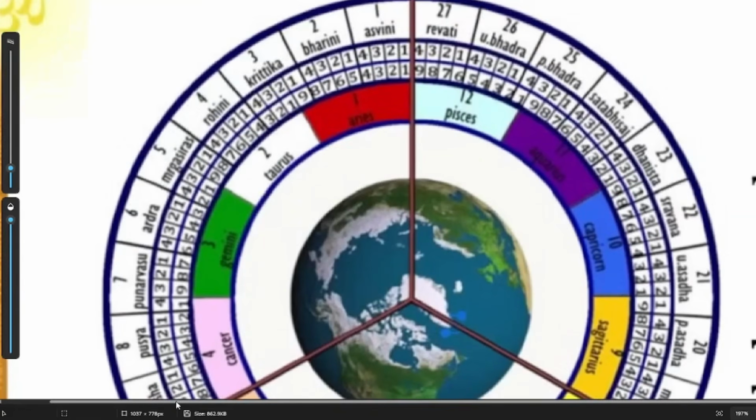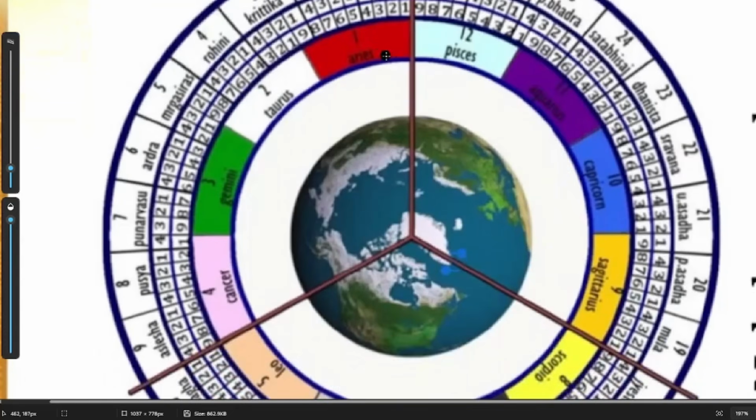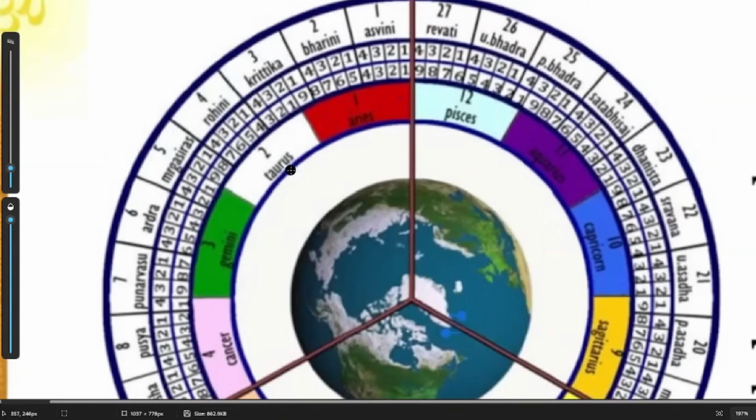So the 4 divides up the 9, and then each one of these 9 is divided into 4 again, which means this 4 is part of a larger 9. But that's a different story. I haven't even gotten into that yet, but that just gives you a picture.